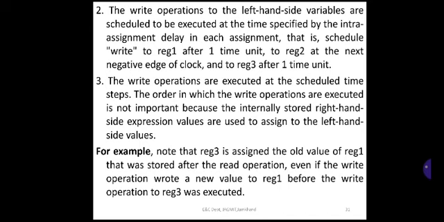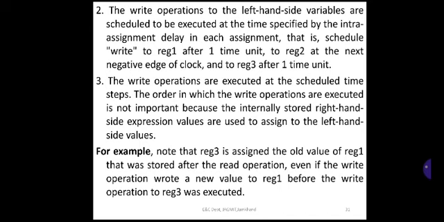That is, scheduled write to reg1 after 1 time unit, reg2 at the negative edge of the clock pulse, and reg3 after 1 time unit. So first it reads the value after evaluating and stores the data internally. Then the second step is the write operation.